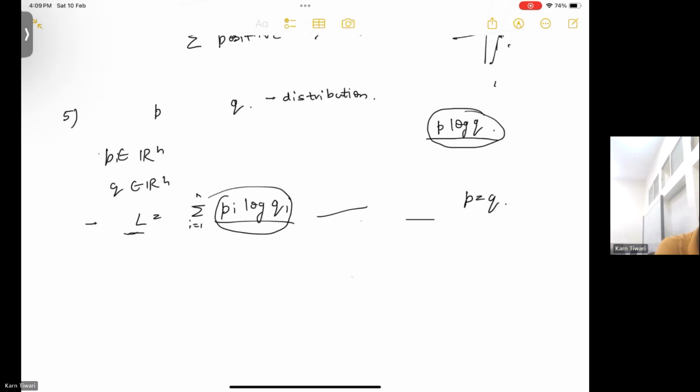Log is there, and we know that there is a minus sign, so it is minus of the log function. Log looks something like this, and minus of log looks something like this. Suppose Pi is given.